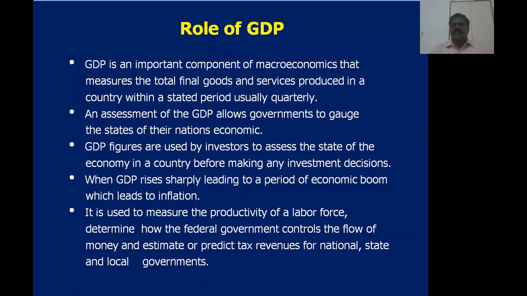The GDP is an important component of macroeconomics that measures the total final goods and services produced in a country within a stated period, usually quarterly. For example, GDP is equal to the sum of consumption plus investment plus government spending plus imports and exports.